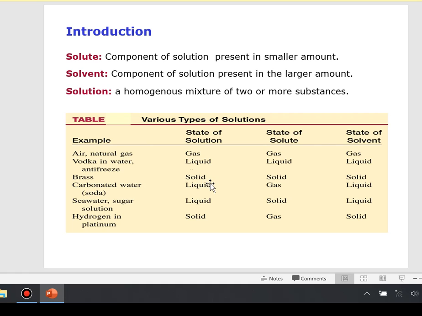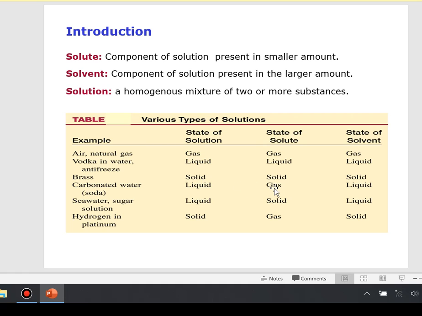Another example is one in which the state of solute and solvent are both solid, and the state of the solution is also solid. For example, alloys are considered in this section.